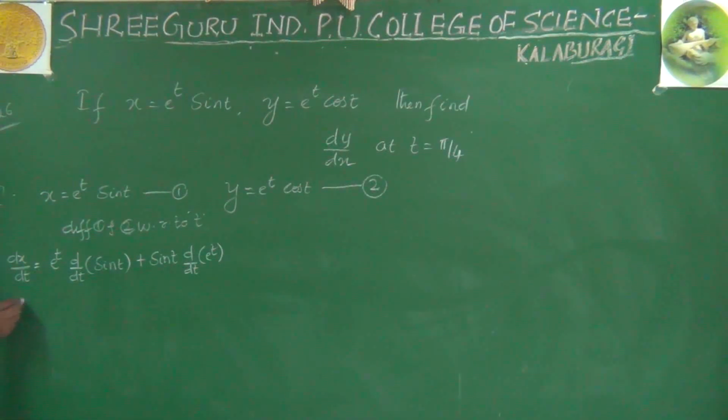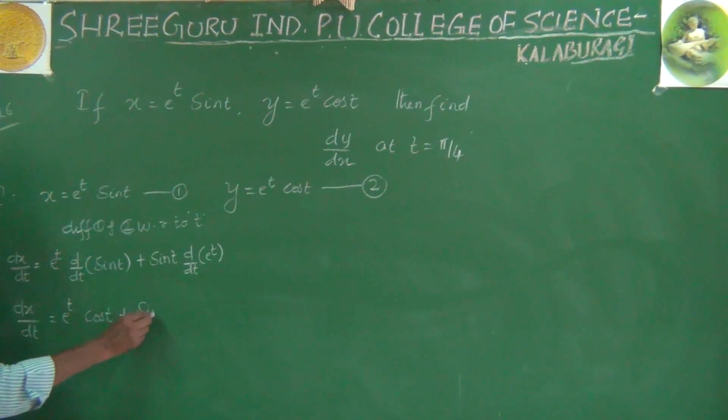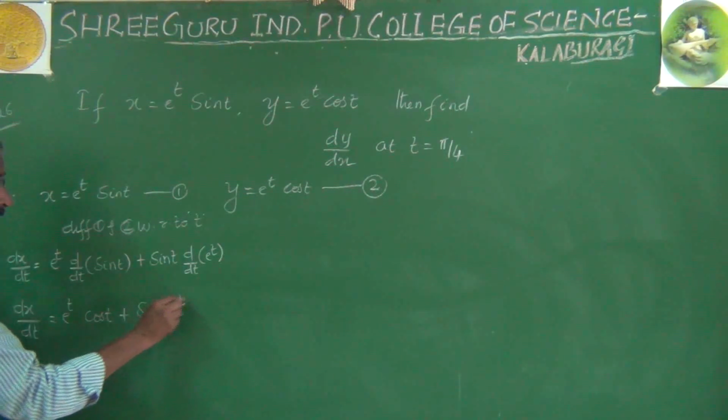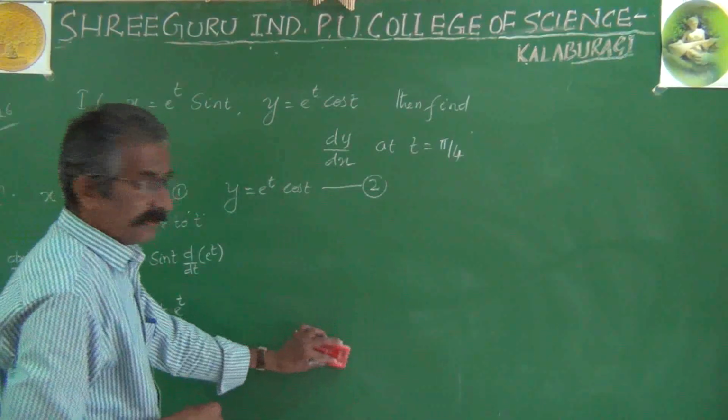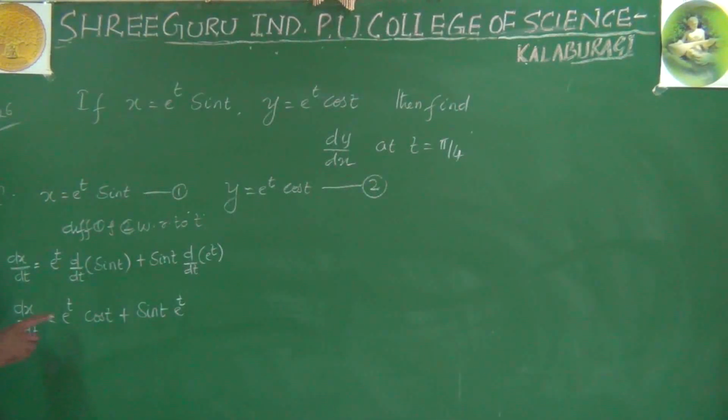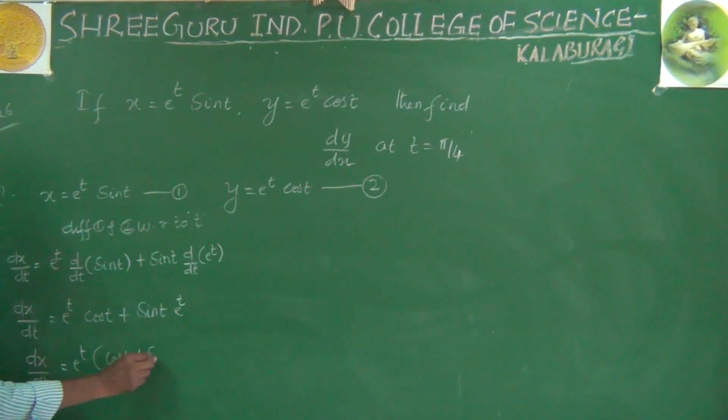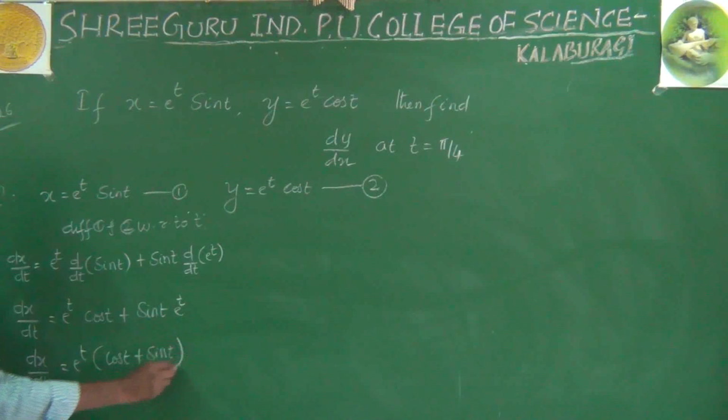Further, dx by dt equals e raised to t into differentiation of sin t, which is cos t, plus sin t into differentiation of e raised to t, which will be again e raised to t. Further, we can take common factor e power t on the right hand side. Hence dx by dt equal to e power t into bracket cos t plus sin t. Highlight it.